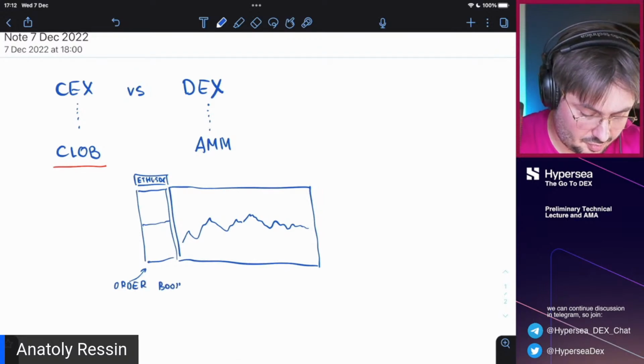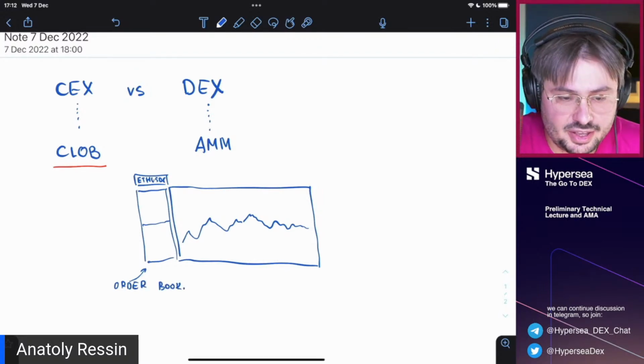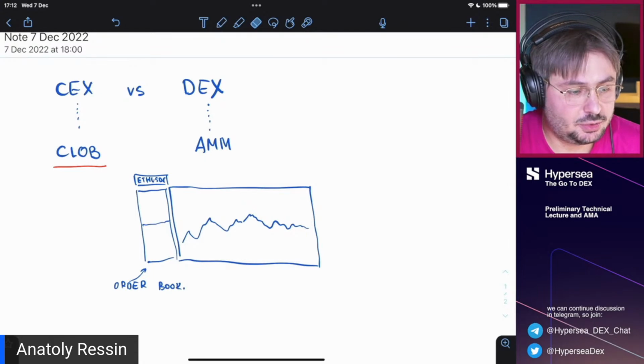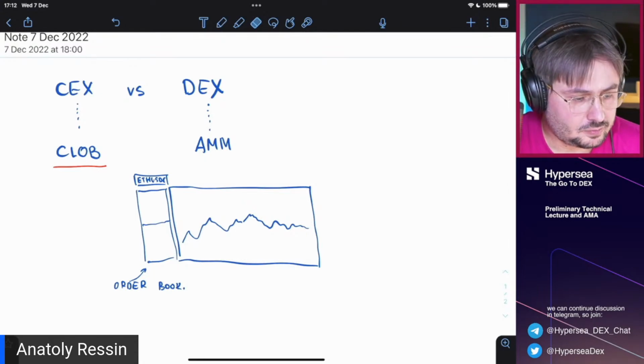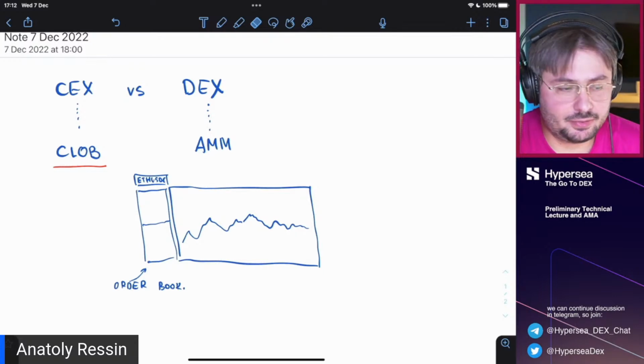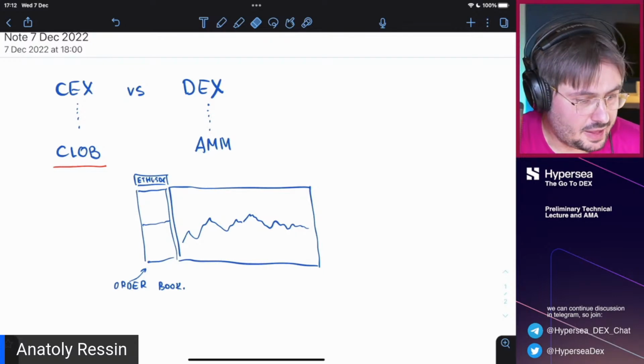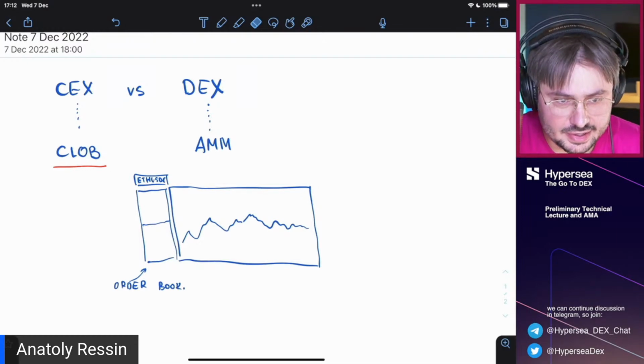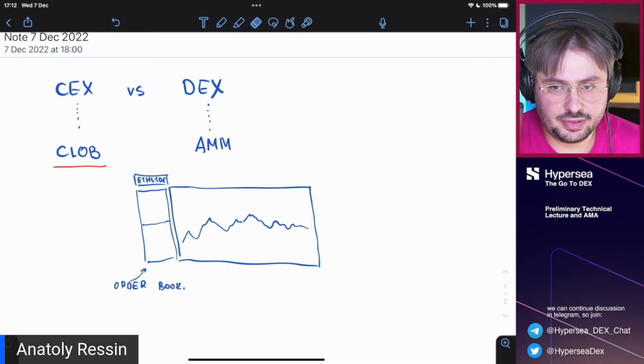And when we are speaking about the order book, we need to cover a very important thing: in a central limit order book there is a game between two types of users.